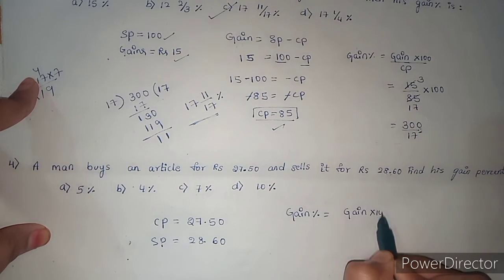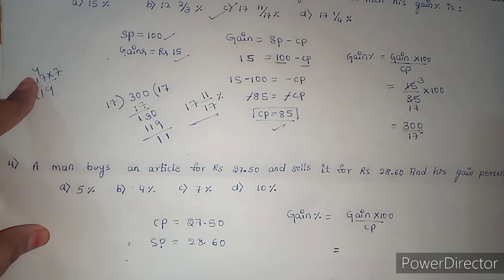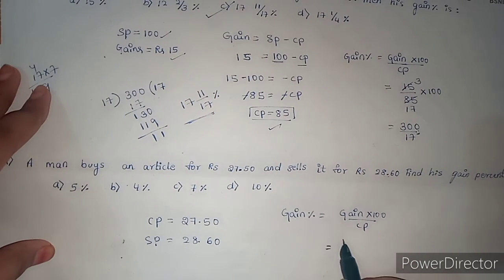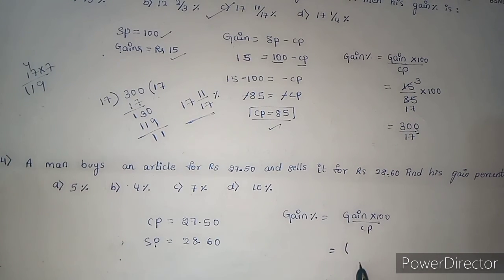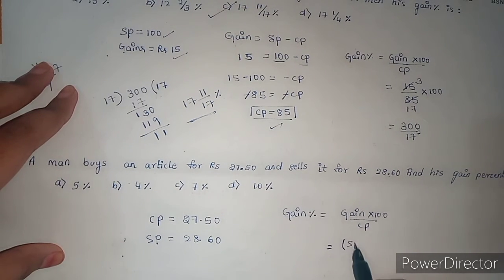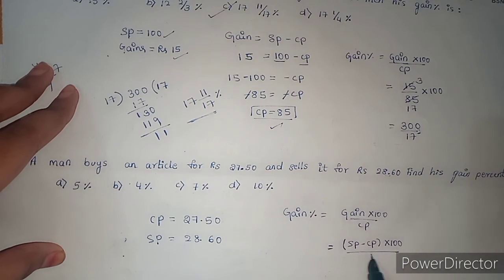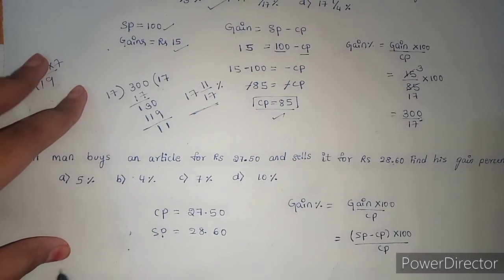Gain into 100 by cost price, right? Now, gain is not directly given in the question. We need to find gain. What is the formula to find gain? Selling price minus cost price.